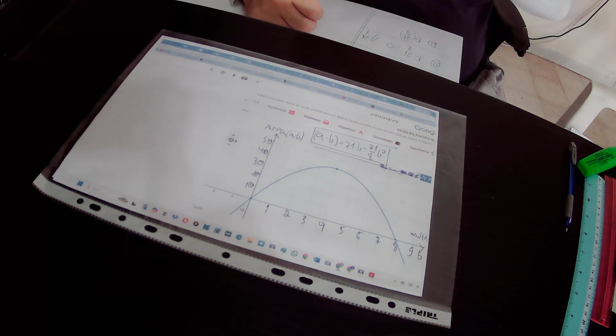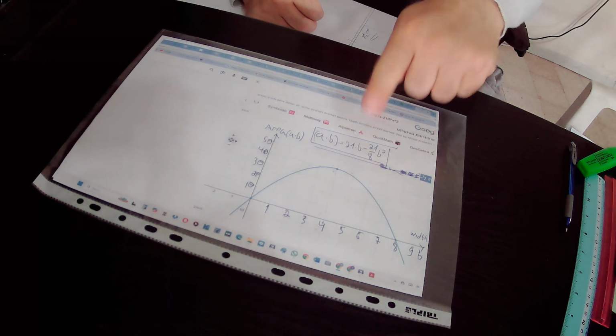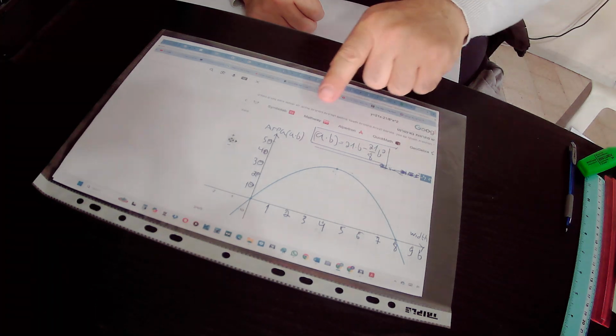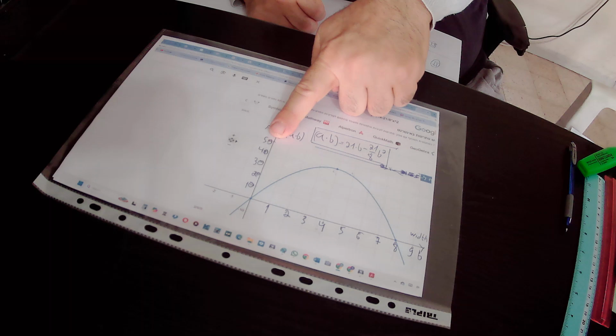So we find out that when b equals 4, the area of rectangle PQST is at its maximum value. And here you can see from the graph that it is a little bit more than 40 square units.